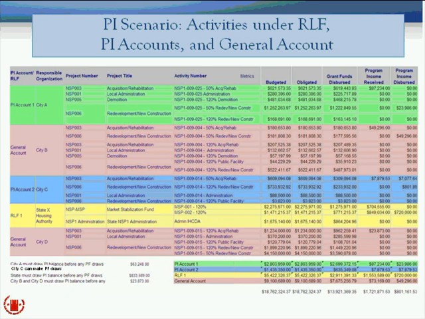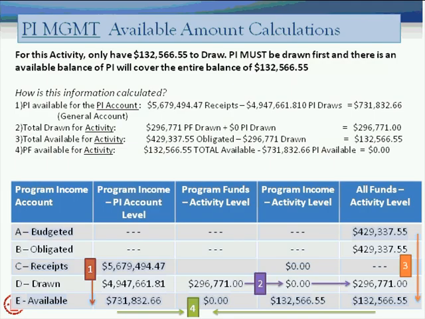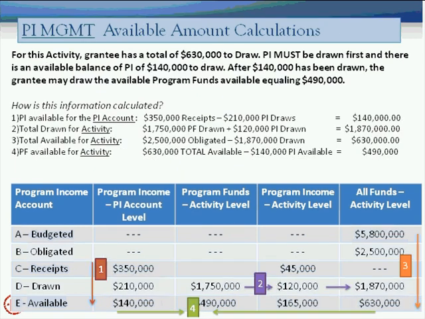So another question we have here, we're going back to this screen. They're not sure they understand this scenario with regards to program income. Isn't the program income available in box E3? For this example, isn't it supposed to be $140,000?